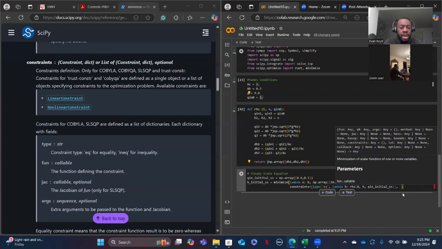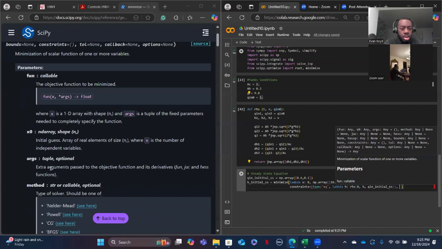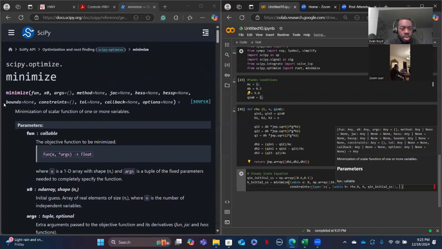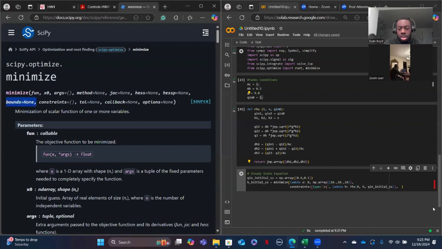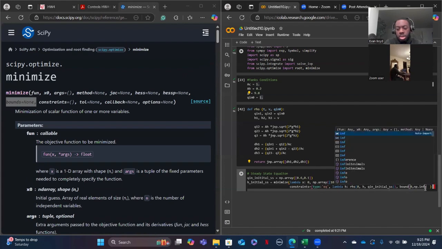So we're also utilizing our bound. Okay, so bound is from 0 to np.inf, to infinity. Okay, that should be good.